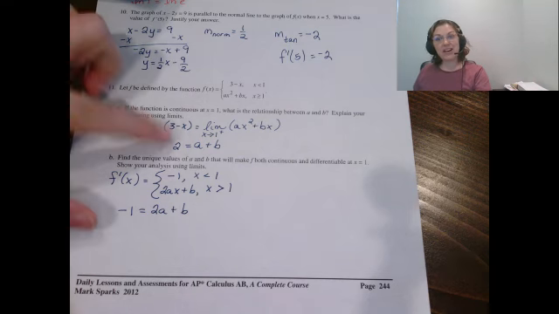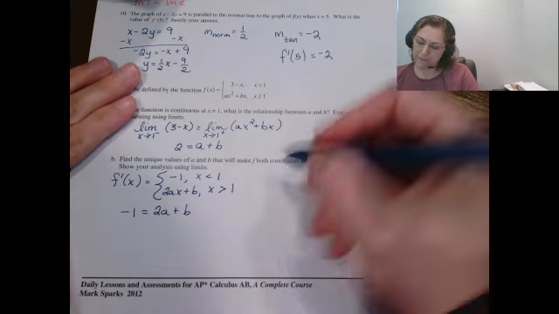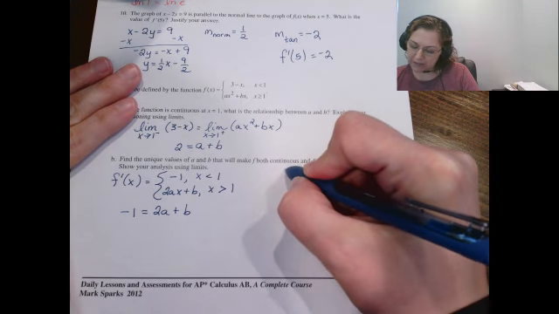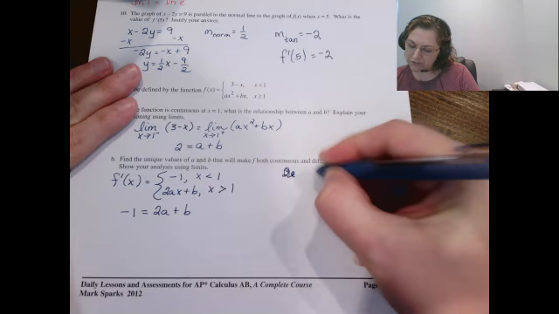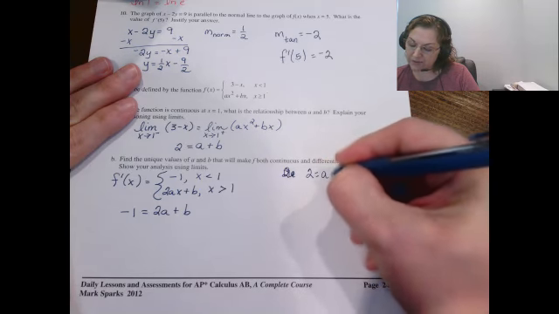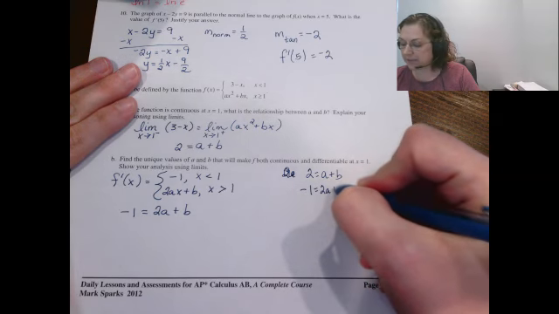Now, notice I've got 2 equations I can solve together. I'm probably going to do elimination. Let's do 2 equals a plus b, and -1 equals 2a plus b.